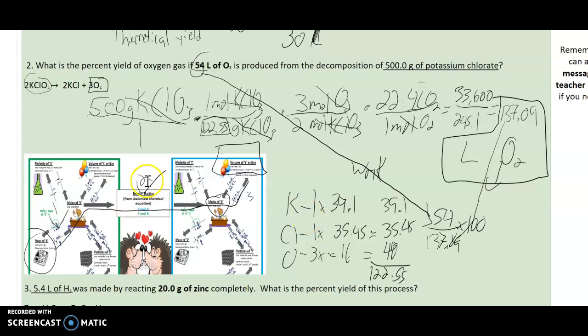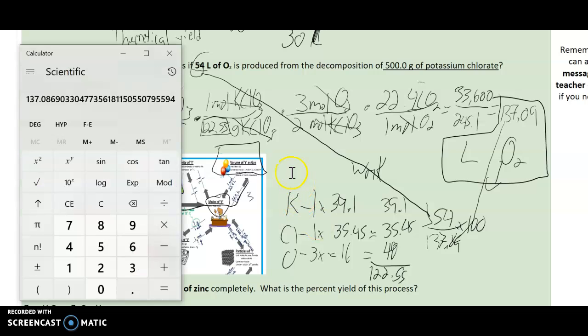Because I didn't read the problem clearly, I said, what is the percent yield? That's all at once. Let's see what I got on my calculator: 54 divided by 137.09 equals that number, times 100.